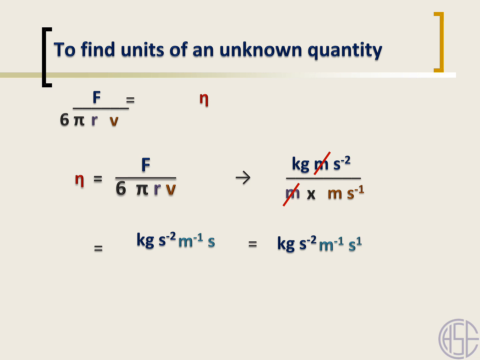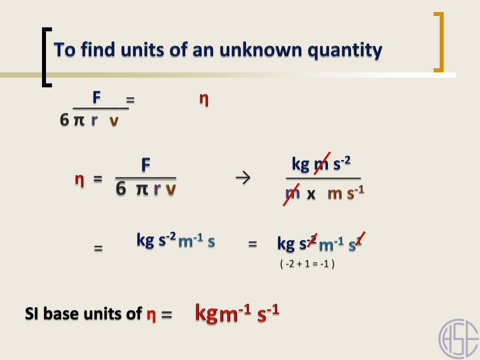Simply s means s to the power of 1. So there's an s^-2, then s to the power 1. I'm solving them and finally I will get kg m^-1 s^-1. So this is the base unit of eta. So you have converted eta's unit into its base units.